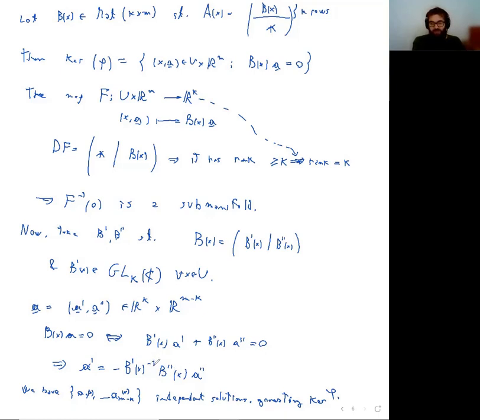This one is because the inverse does depend smoothly on the entries of B prime, right? If you have a matrix, the operation of taking the inverse is a smooth operation in the entries. You can think of this because GL_k is a Lie group, so taking the inverse is a smooth operation.